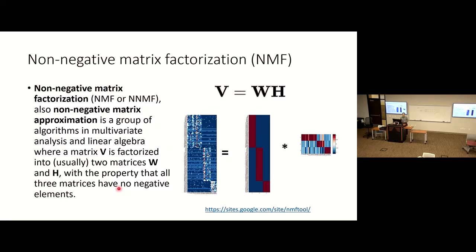So we will first discuss non-negative matrix factorization. If you look at this visual illustration, you have an observed matrix with a lot of samples and a lot of variables. In this case, it could be samples of genes, and the genes will be the columns.